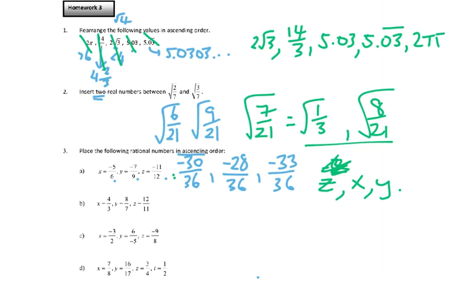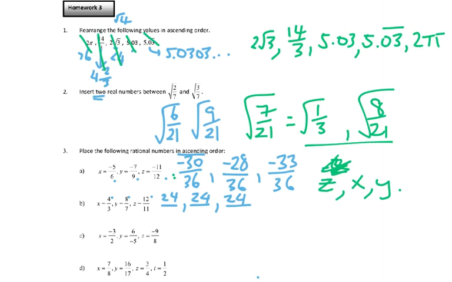Okay, for part B, I think we can see here that the numerators are easier to compare. So we want to have a common factor. Well, 4 and 12 are easy to compare. The 8's a little bit more difficult. So let's choose something that we can find. I think 24 will work nicely. So if we make all of these numerators 24, we should be able to compare the denominators for each rational number.